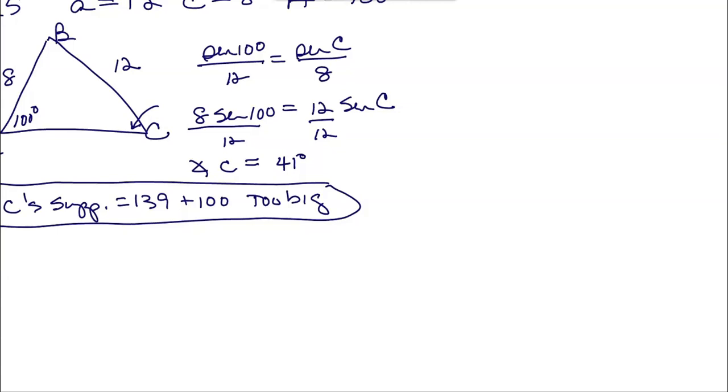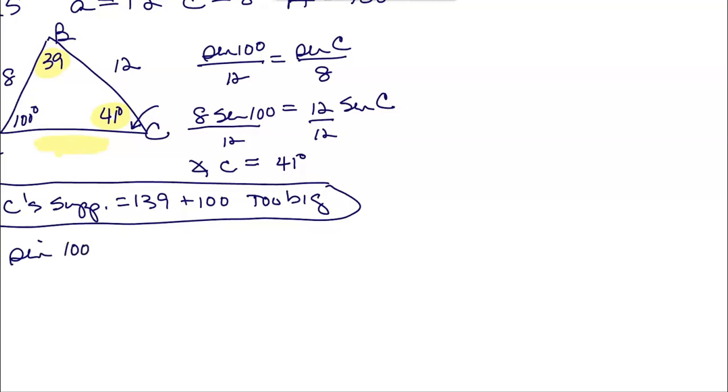Let's finish solving the rest. I just got angle C to be 41. I can't make a second triangle. What's my angle B? Subtract from 180, and you will get angle B to be 39. Okay, then I'm missing little b. So use your law of sines, use the pairing you had.